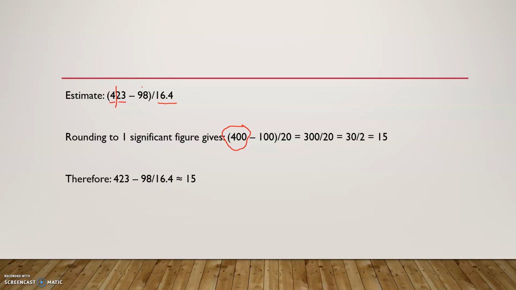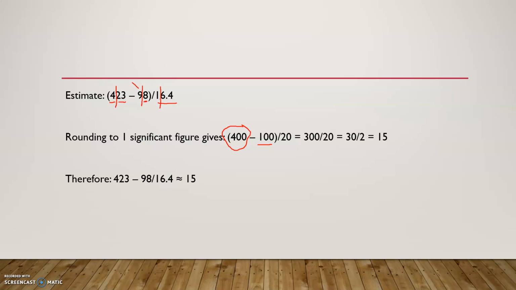Minus 98. We put a vertical line here, and then we look at the next digit, which is 8, and this is more than 5, hence we need to round up this 9 to 10. So we'll have 100. And then 16.4. Again, we put a vertical line here.